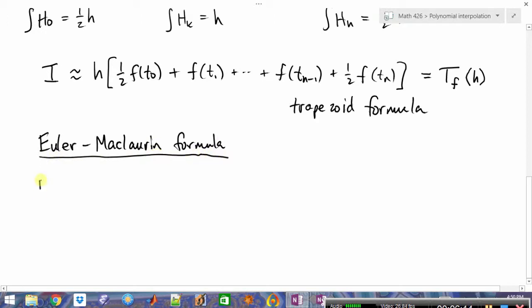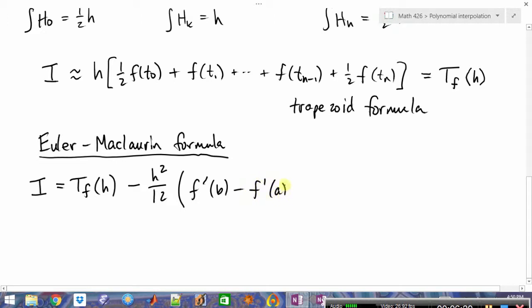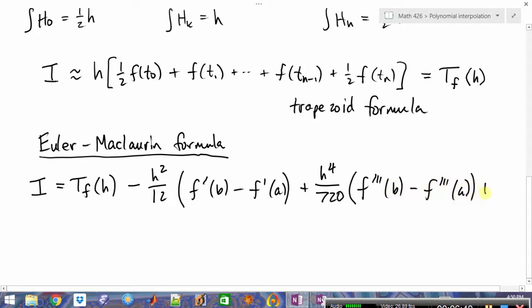It says that the true integral is the trapezoid estimate plus some corrections. The first one is minus h squared over 12 times f prime of b minus f prime at a. And then the next one is h to the 4th over 720 times f triple prime of b minus f triple prime of a, and so on.